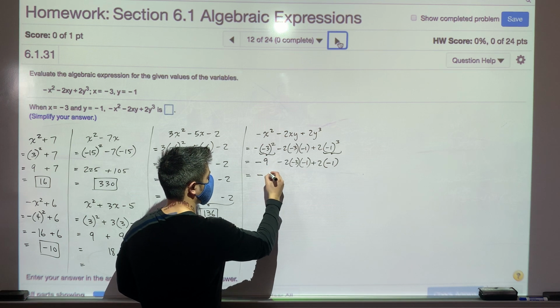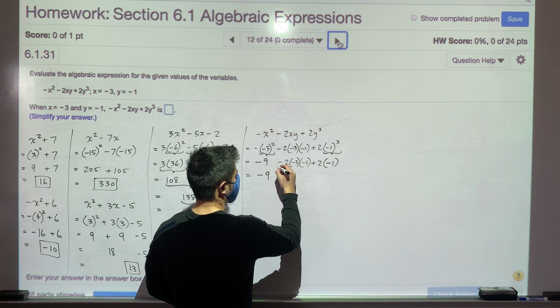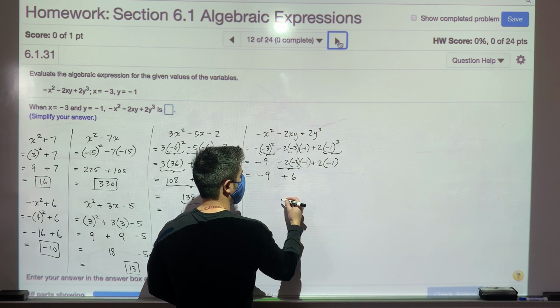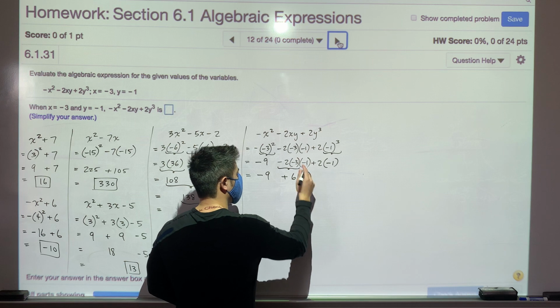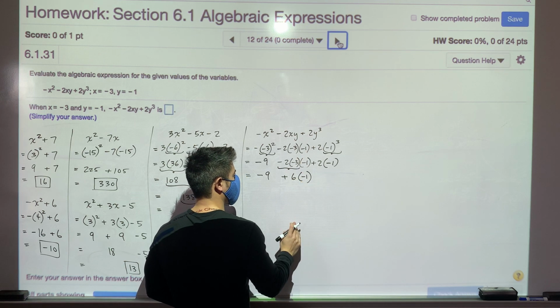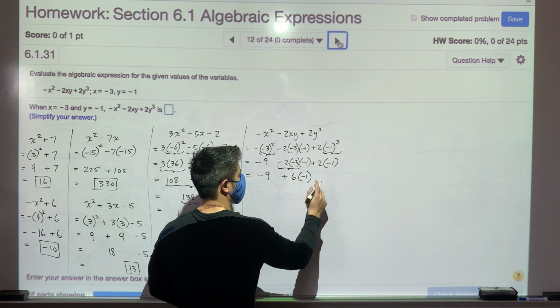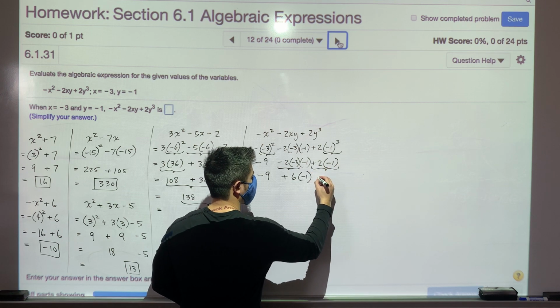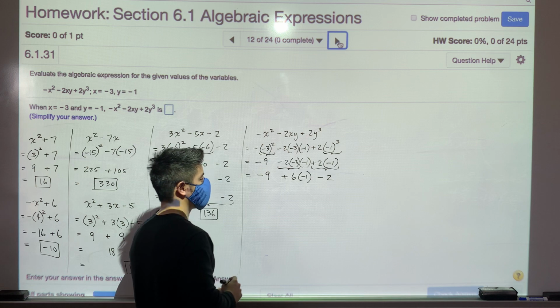Once you've done your exponents, then you can do any multiplication or division. Multiplication. -2 times -3 is a +6, which will in a moment multiply by that -1. Here's another multiplication, +2 times -1, which is going to be a -2.